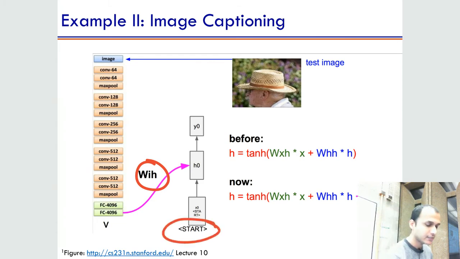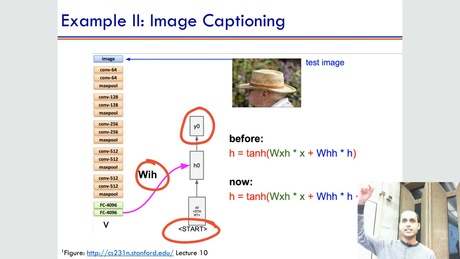You can start with a start token to start generating the caption. So the start token and the image vector together are the inputs for this copy of the RNN block, and the output is going to be a vector the size of the vocabulary you have for your words. If it's an English word dictionary, maybe it's 50,000 or so words in your vocabulary.